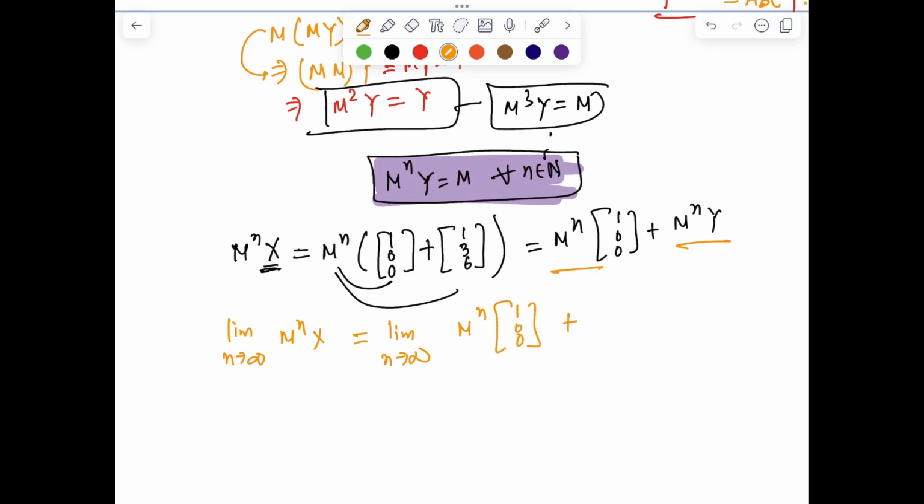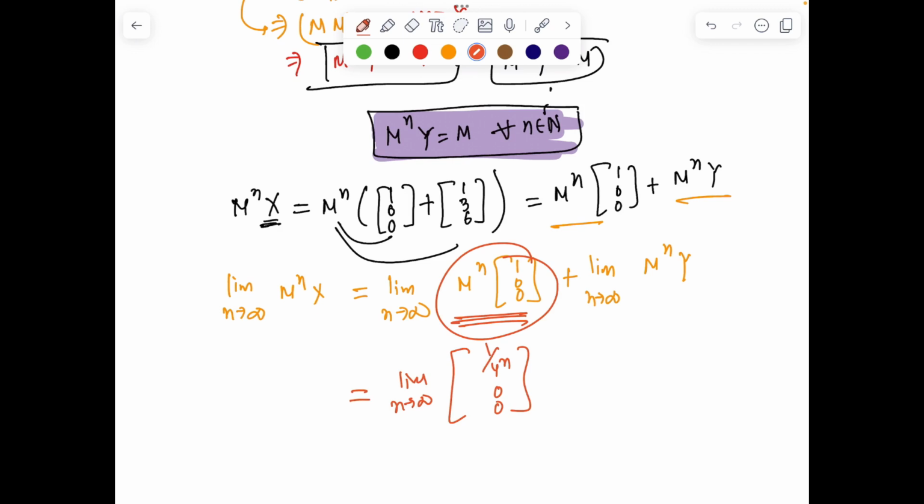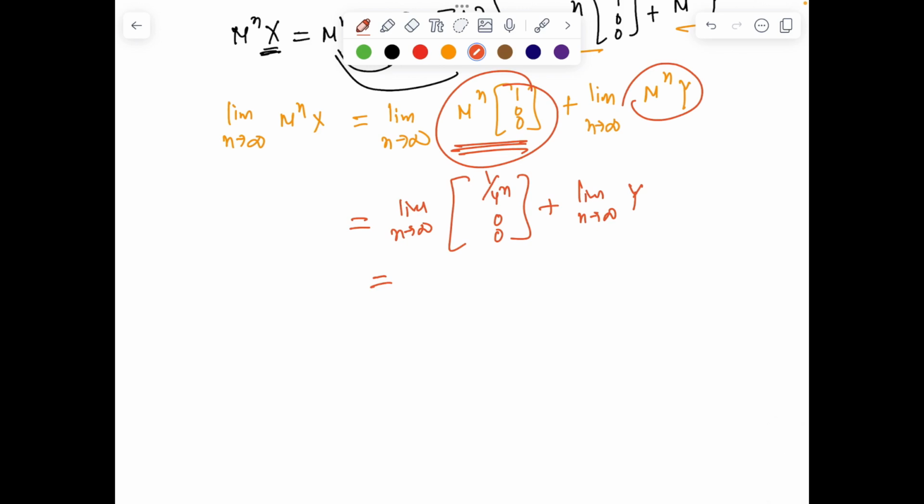So 1 0 0 limit plus the limit as n tends to infinity of M to the power n Y. And the first quantity, as we have already seen, goes to simply (1/4) to the power n, 0, 0 as n tends to infinity, while M to the power n Y goes back to Y, so the limit is just Y. And since the first quantity is going to die, it will become 0 0 0 plus 1 3 6.